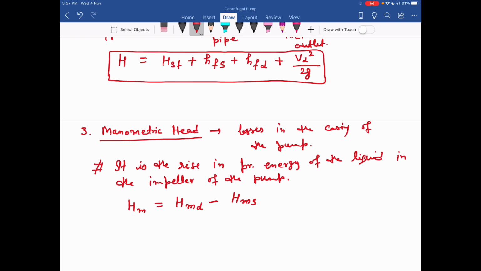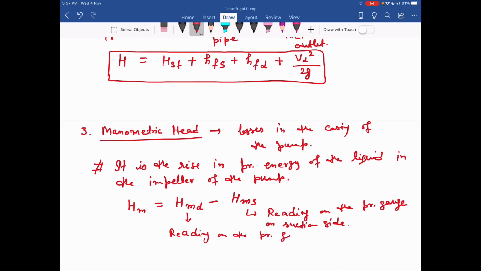Now HMS is my reading on the pressure gauge on suction side, and HMD is my reading on the pressure gauge on delivery side.